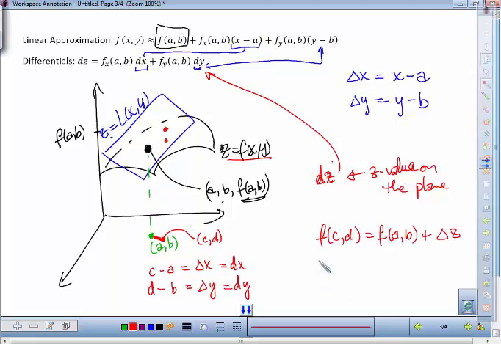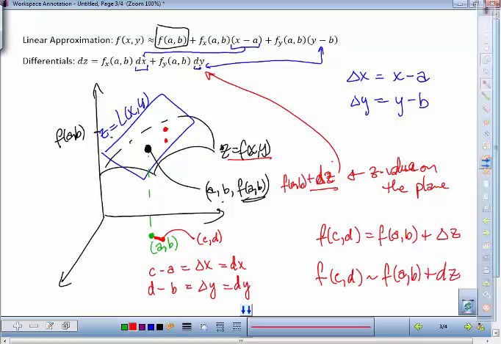So I think I needed to add something here, so let me add it over here. F of CD is approximately equal to f of AB plus dz. So this here wasn't quite correct. I needed to add the offset over here, which gives the height. So f of AB plus dz.